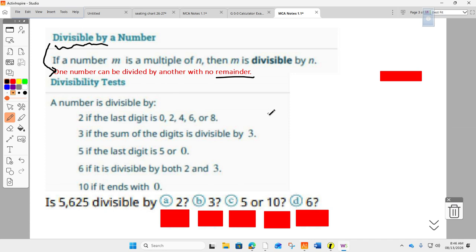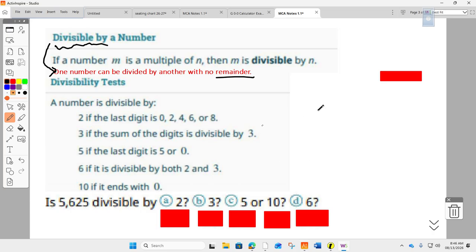If the last digit is 0, 2, 4, 6, or 8, we know the number is divisible by 2, right? So if it's an even number, we call all those even numbers, right? If you can add the digits together and divide by 3 evenly, so if the sum of those digits is divisible by 3, then we know that number is divisible by 3.